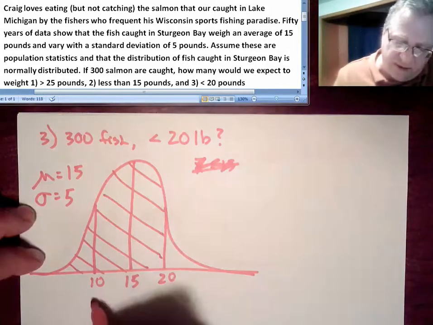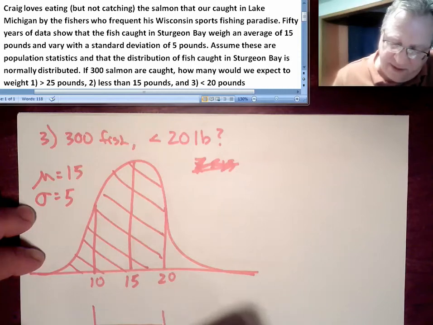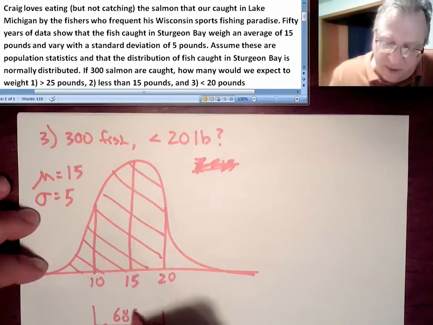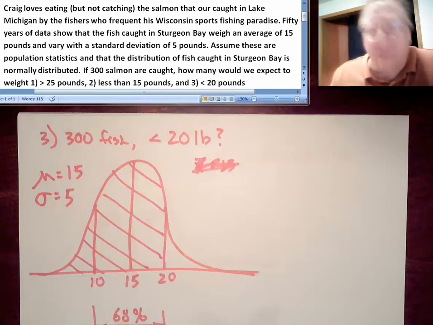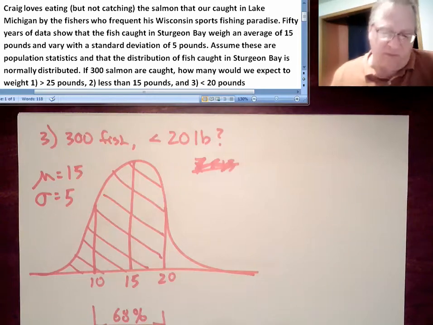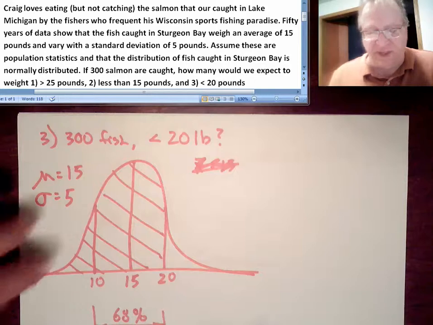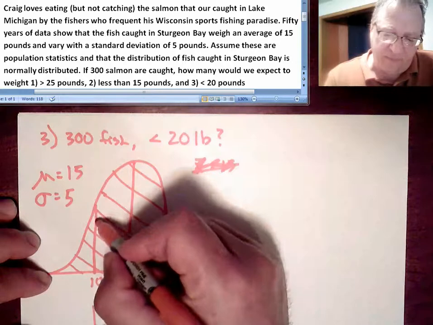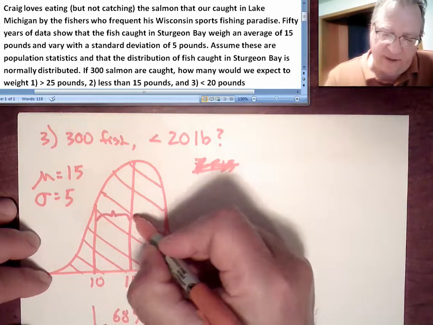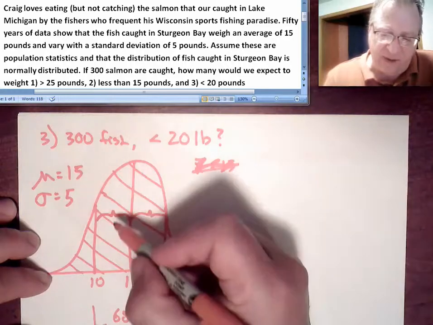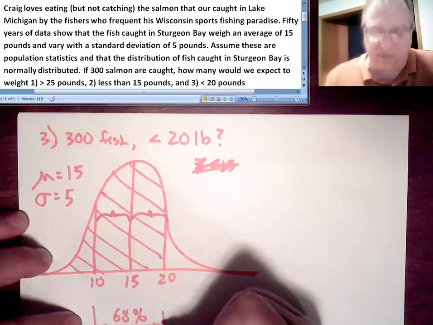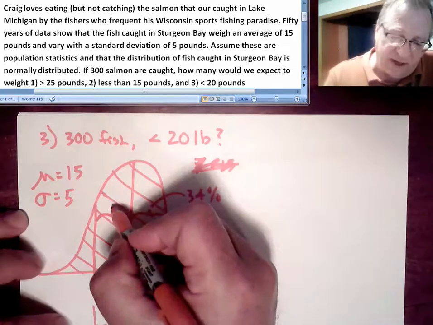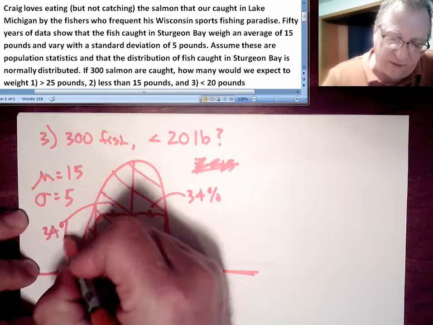Okay, so what do we know? We know quite a bit here. We know that the area between plus and minus 1 standard deviation, that area under the curve, is 68%. So if we look at that area and that area, the area under both of those is 68%, which means this one's 34%, and on this side we have 34%.